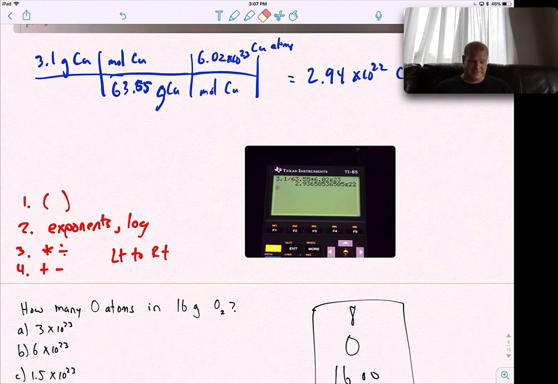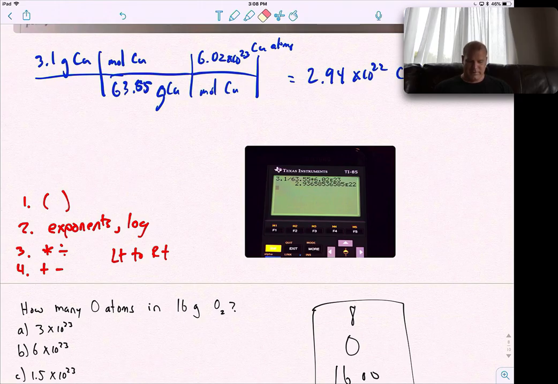Here's the order of operations. The first thing, in red, is what goes on in the parentheses, which happens first. It doesn't matter what it is, parentheses go first, and the innermost parentheses happen first. The next things are exponents and logarithms. Then the third is multiplication and division, and then addition and subtraction. It always goes left to right.